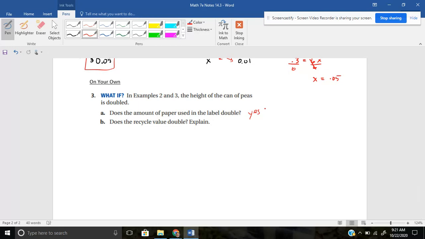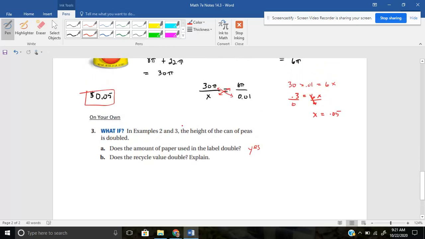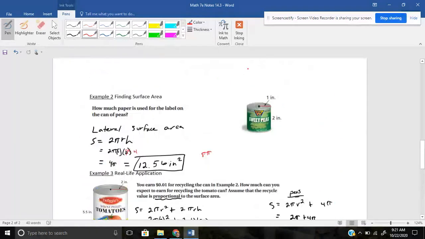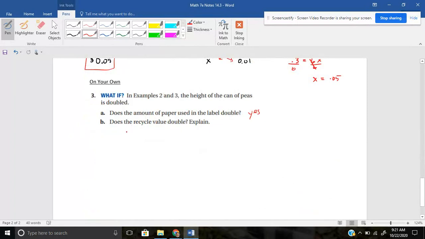And then letter B says, does the recycle value double? Okay, well, remember that when we calculated the label size, that's only the lateral surface area. The label was only the lateral surface area, not the entire surface area.